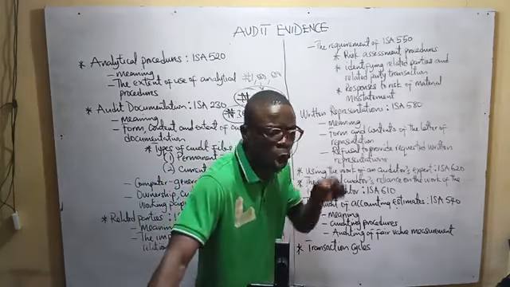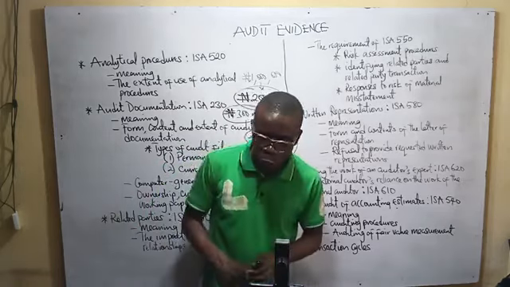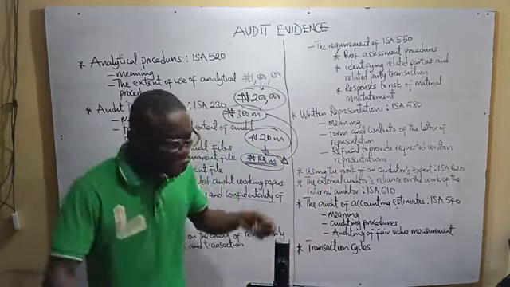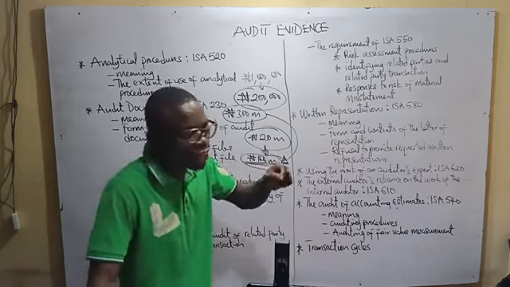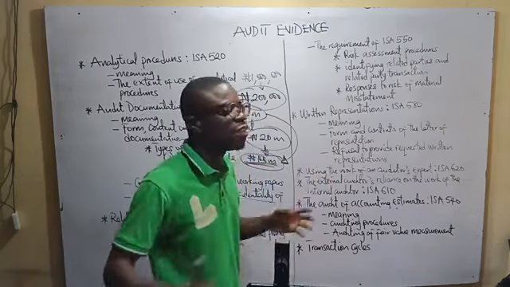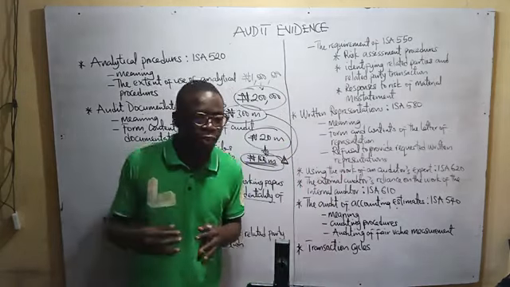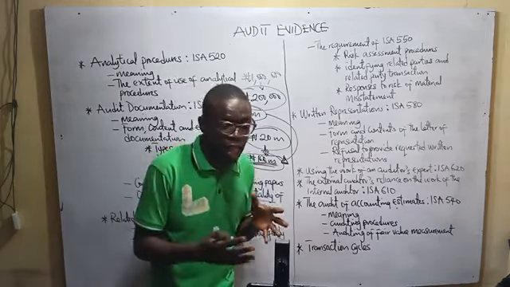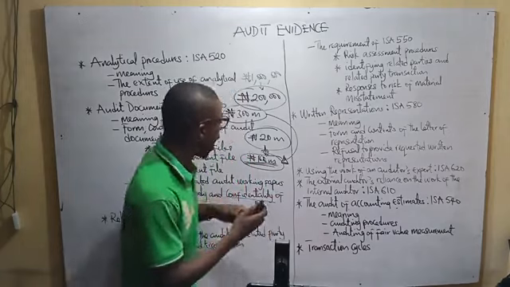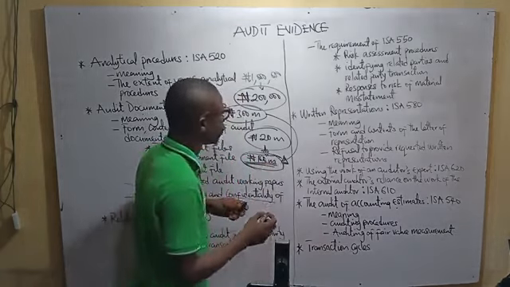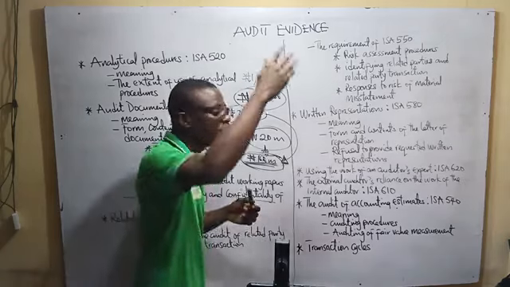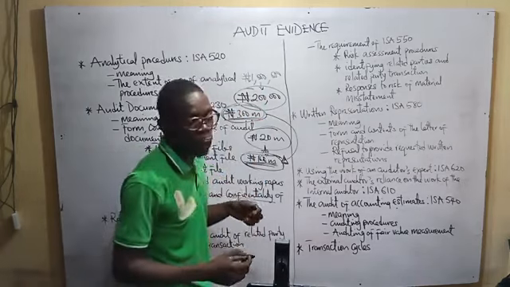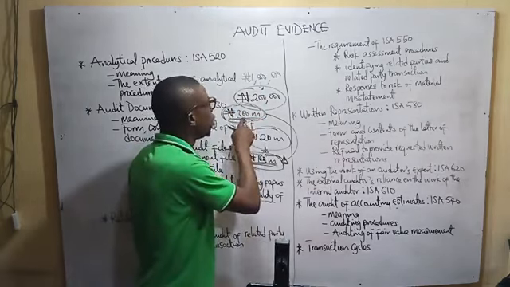Lastly, if possible, the auditor can check the amount of the estimate against other known facts. Just like the way I explained, a similar case has happened before, and they have made an estimate of 100 million. But in a similar case that happened previously, the family that incurred the loss was awarded 300 million.